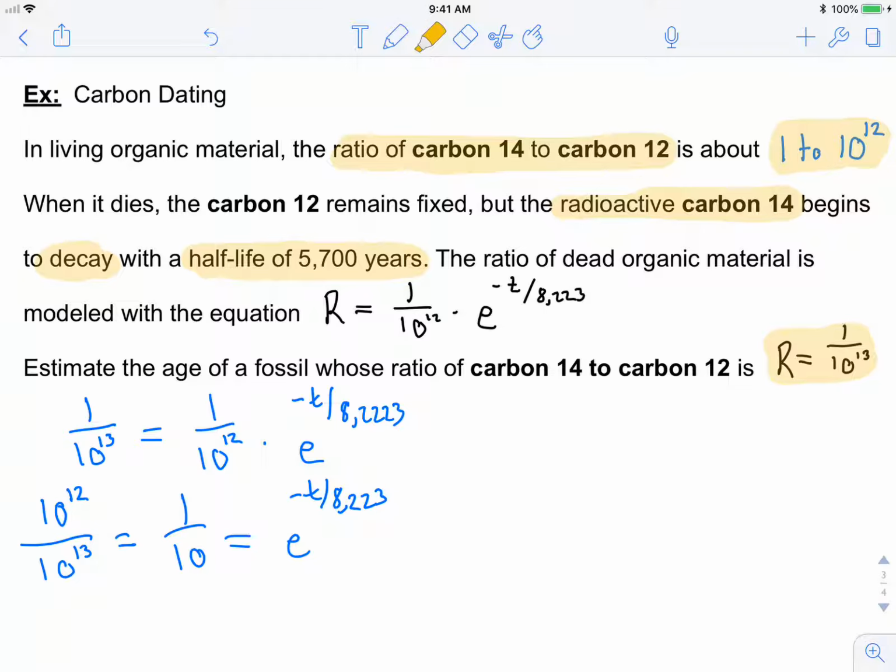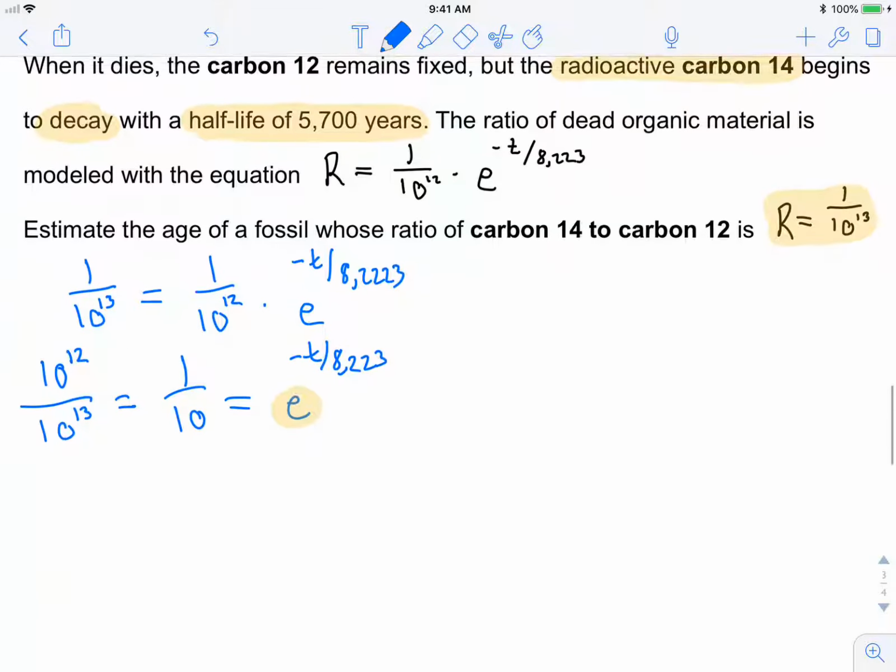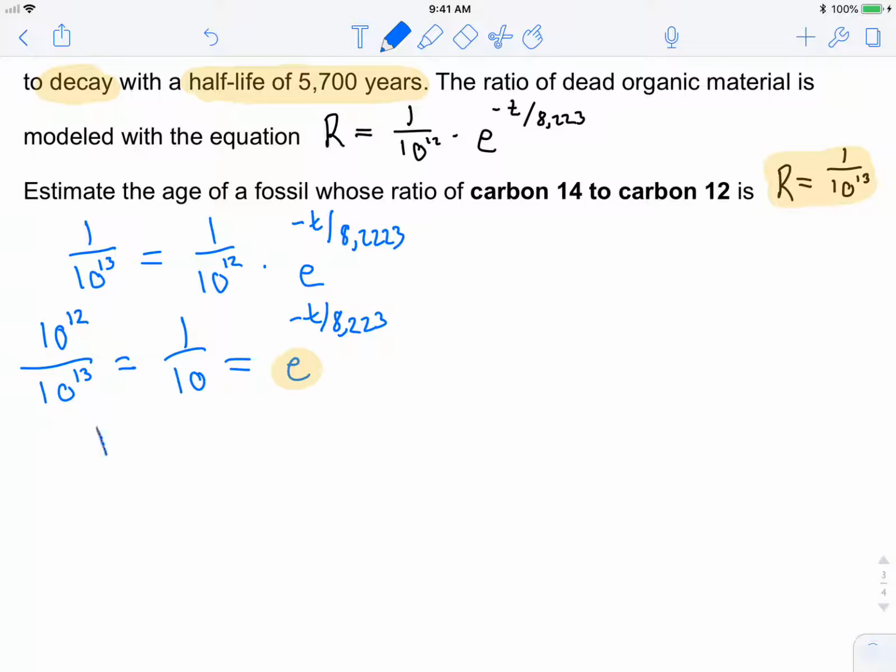Now, the e is by itself, so we can move it to the other side and make it a logarithm. And we have natural log of 1 over 10 is equal to negative t divided by 8,223. And to solve for t, all we need to do is multiply by negative 8,223 to the other side.